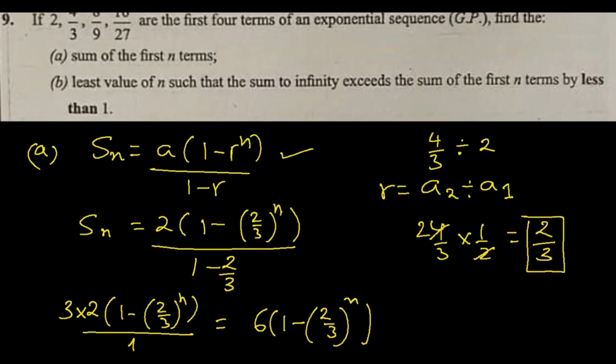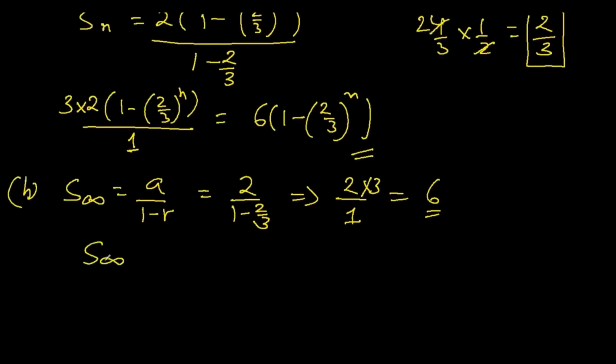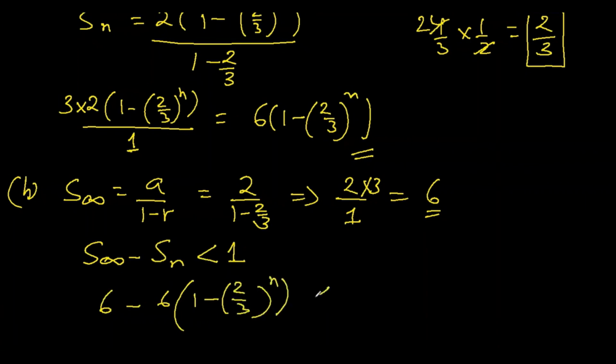Okay, so sum of first n terms we just found out earlier. So sum to infinity minus Sn is less than 1. That's what they're saying. Sum to infinity is 6. Sum of first n terms is 6 times 1 minus 2 over 3 to the power n. It should be less than 1.